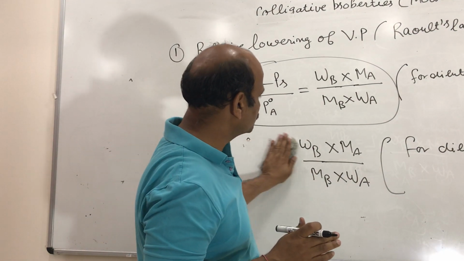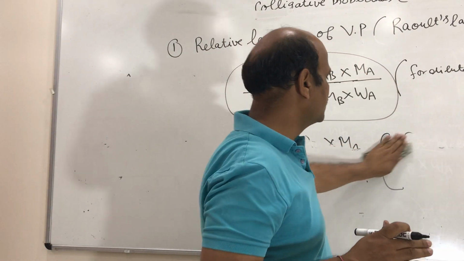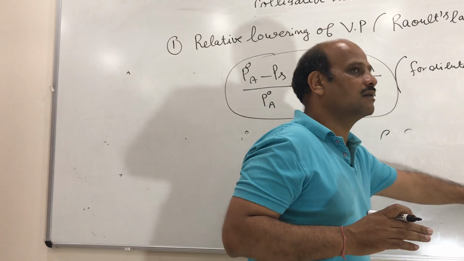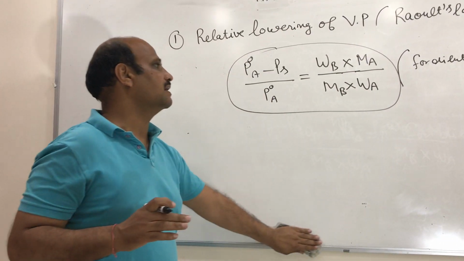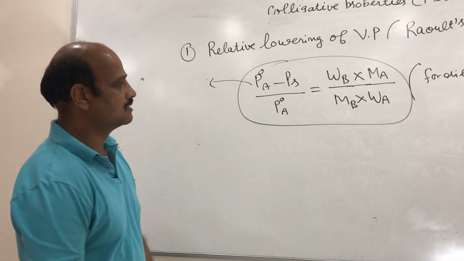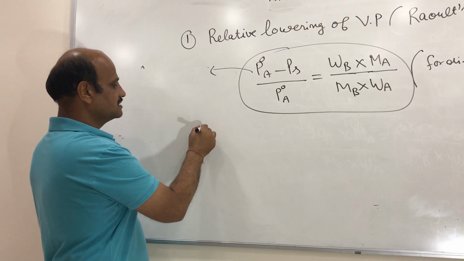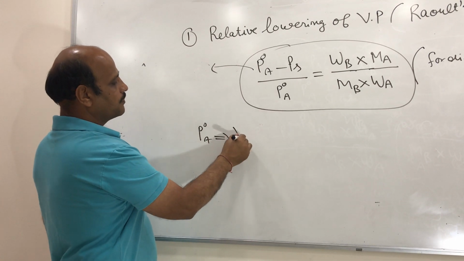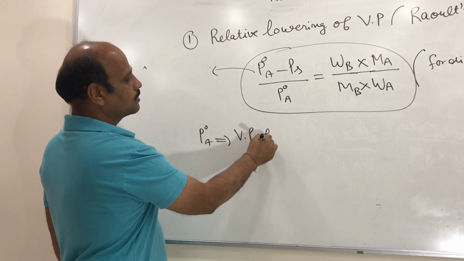Now I would like to clarify what these terms are, and after that we will take one numerical on it. P°A, you know what it is? P°A is the vapor pressure of pure solvent.